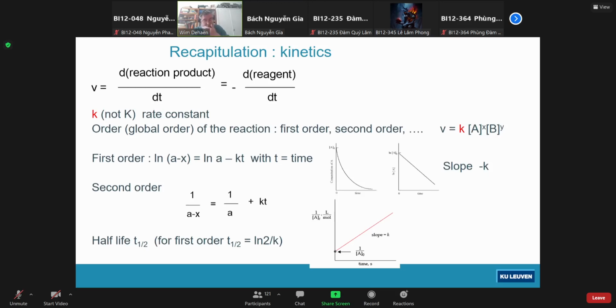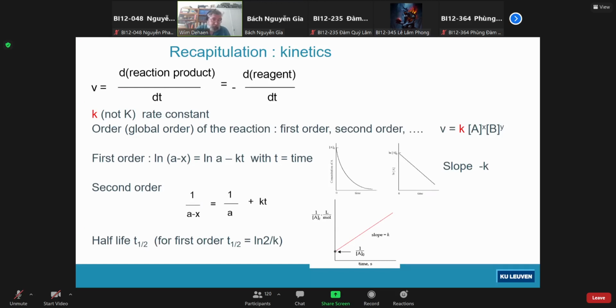So in that case, the reciprocal of A minus X is 1 over A plus kt. So that means here we get a line that is going up, and the slope is k and not minus k in this case.